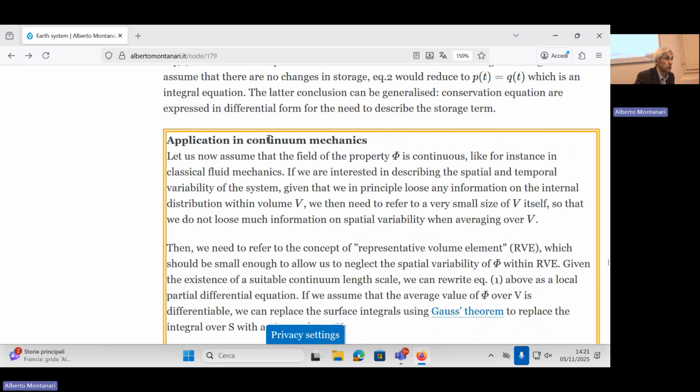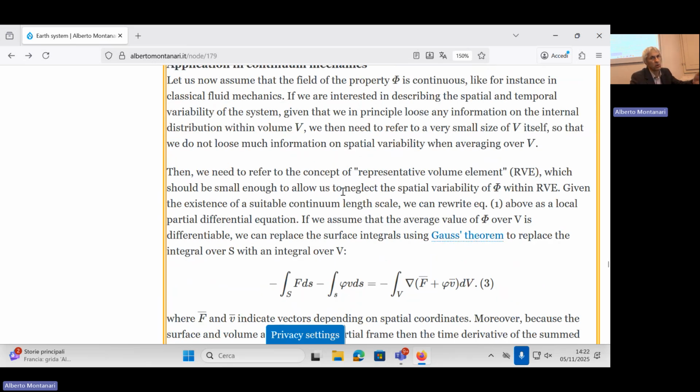But if we refer to continuum mechanics, which is what we are interested in, we have to assume that the field of the property capital Phi is continuous. Again, the previous formulation applies even if the field is not continuous. In continuum mechanics, usually we assume that this is continuous, like in classical fluid mechanics, okay? So if we are interested in describing the spatial and temporal variability of the system, V must be small, okay? We already discussed it.